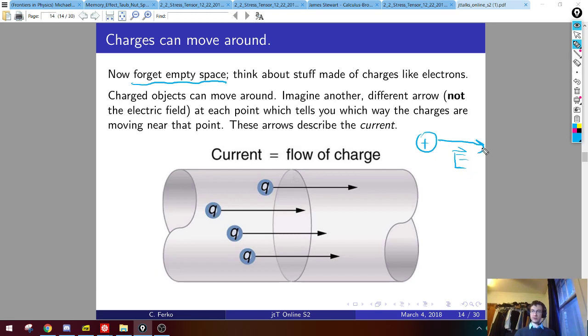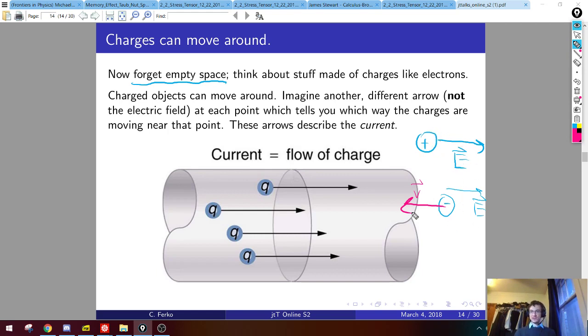The direction that the arrow points near the charge basically just tells you the direction that charge is going to move. And negative charge, like an electron, is going to move in the opposite direction. So if the electric field points this way, then this charge itself moves in the opposite direction with some velocity v. So this just describes the way that charge interacts with electric fields here.